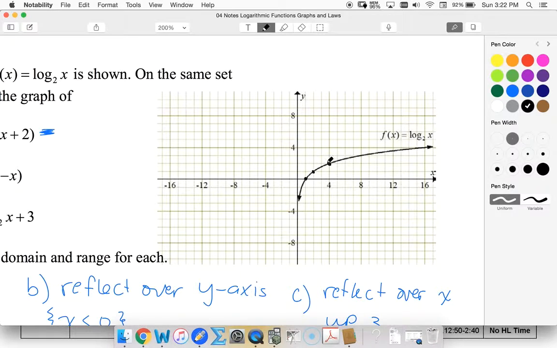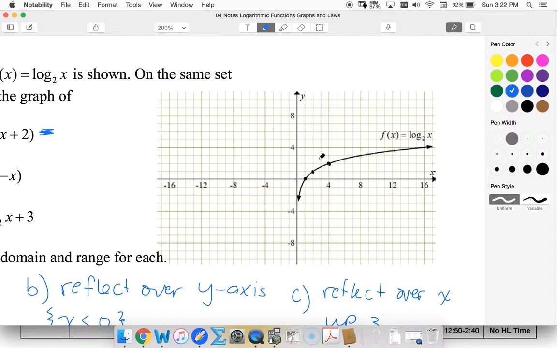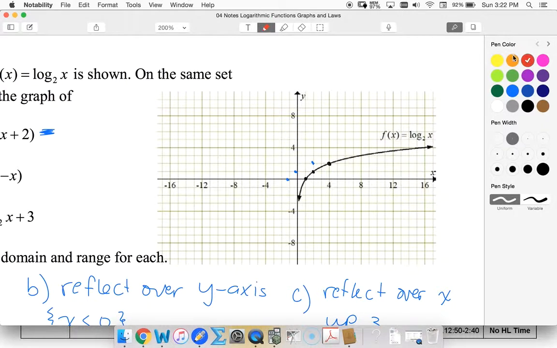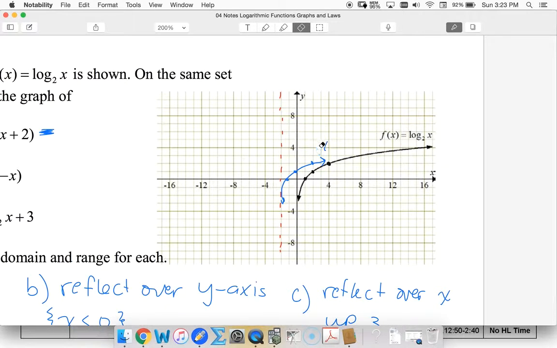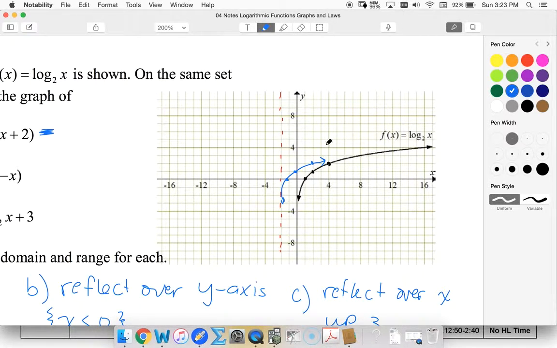So let's move all of those 2 to the left. My new asymptote is going to be at x equals -2. So here is log base 2 of x plus 2.